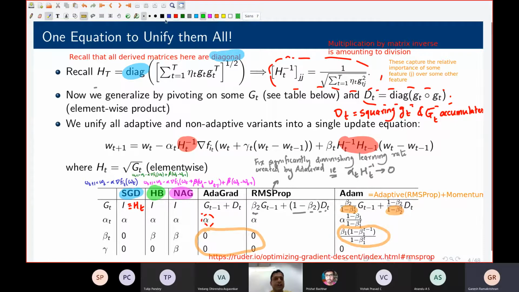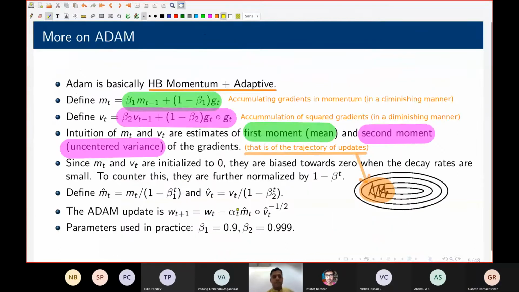The explanation is that m_t and v_t are initialized to 0, and because both are initialized to 0, they're initially biased towards 0.